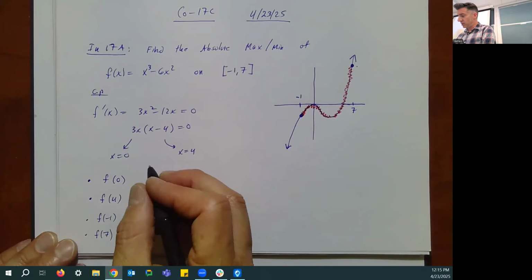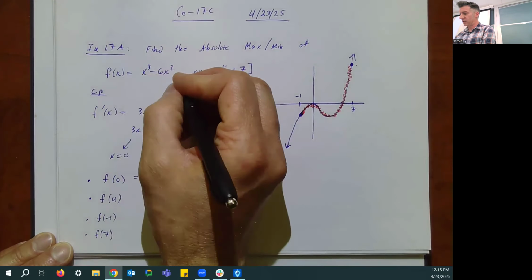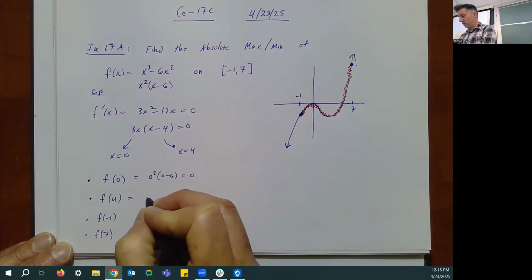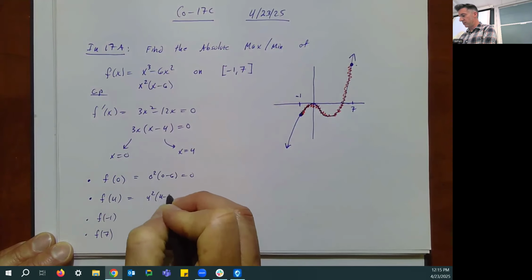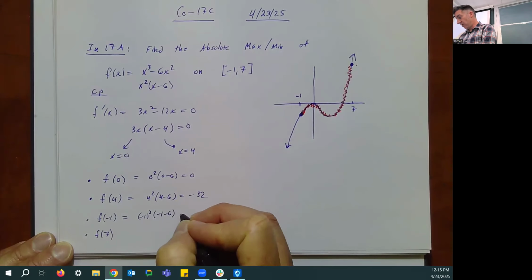Let's see, f of 0: our function is x cubed minus 6x squared, or x squared times x minus 6. So f of 0 is going to be 0 squared times 0 minus 6, which is 0. F of 4 is going to be 4 squared times 4 minus 6, which is 16 times -2, which is -32. F of -1 is going to be -1 squared times -1 minus 6, which is -7.